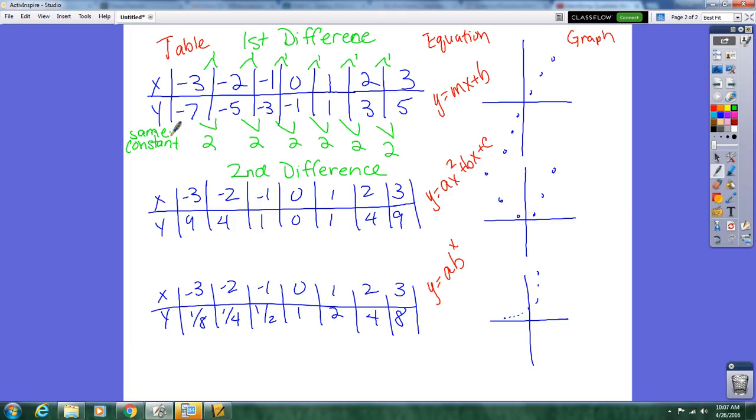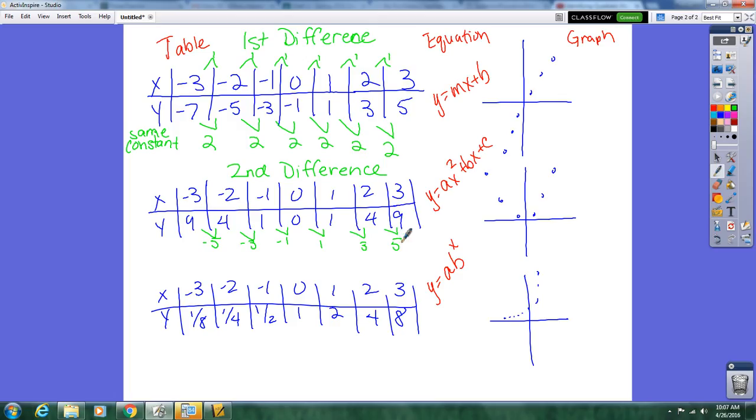Okay? For the quadratic, here's how I remember it. What's the exponent on that x right there? It's a 1. What's the exponent on this one? A 2. Second difference. So in this one, they subtracted 4 minus 9, 1 minus 4, 0 minus 1, 1 minus 0, 4 minus 1, and 9 minus 4.